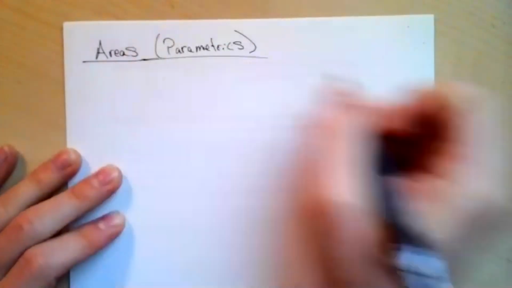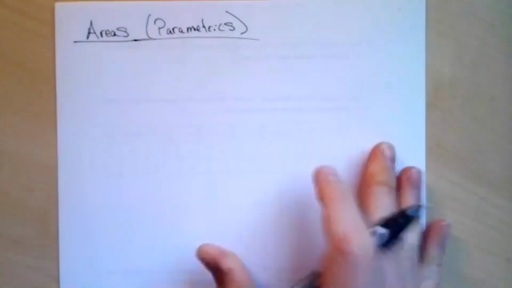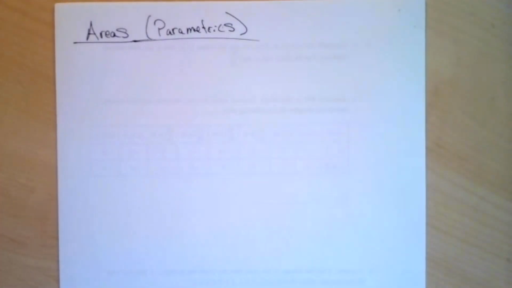So areas in terms of parametrics is a little weird, because the reason we're using parametric curves is to describe a more complex curve. So far we've only really found areas with respect to dx or dy, and we really need these rectilinear and Cartesian coordinates. To do areas properly for really complex shapes defined by a parametric curve, you really want Calc 3 techniques, and you'll get into what are called double integrals.